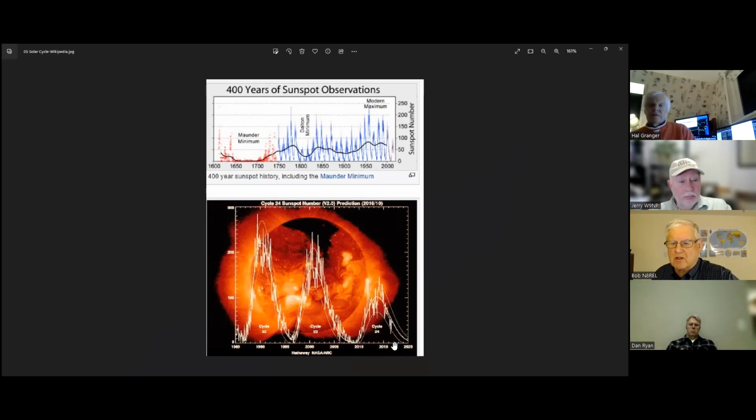We're now in cycle 25, and it's an upswing, and it looks like it's going to be a stronger cycle than cycle 24. Okay, that's not going to be on your test, but I just think that's so cool that you should know about it.